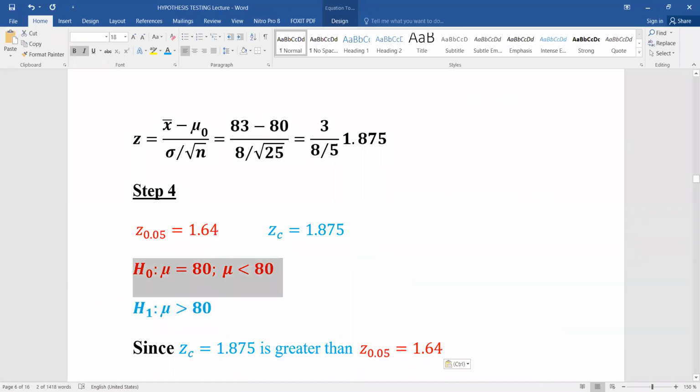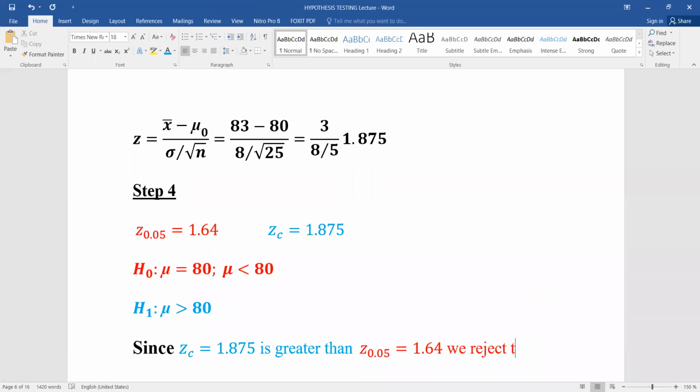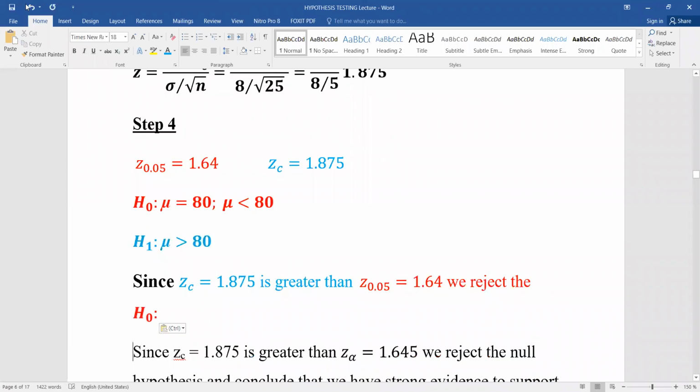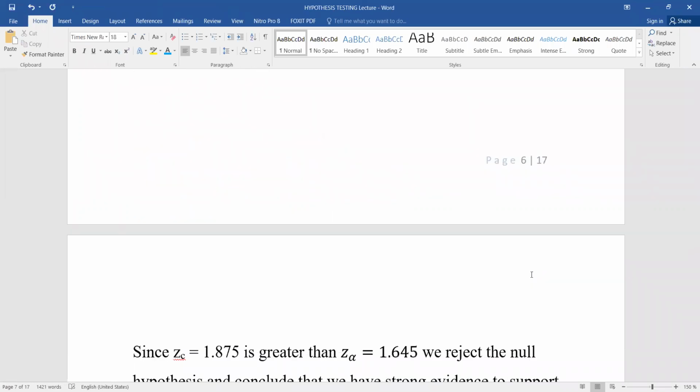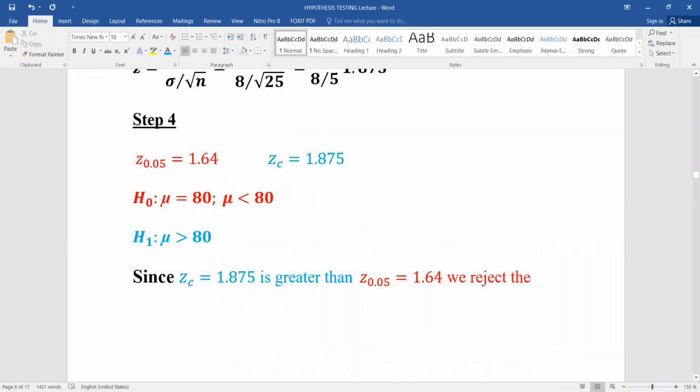So we reject the null hypothesis, or reject H naught. You can either put H naught or null hypothesis.